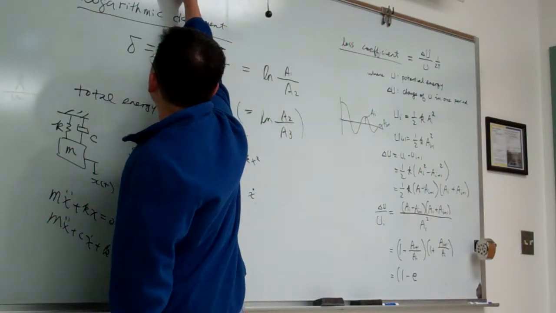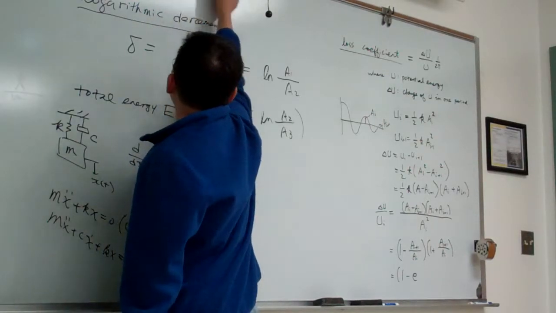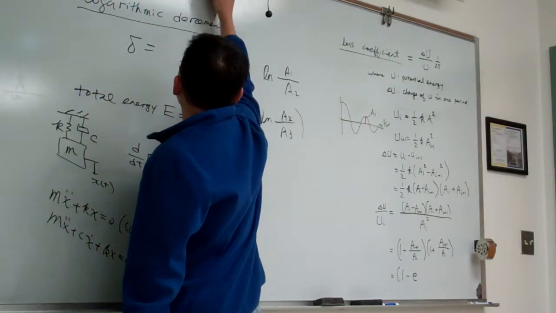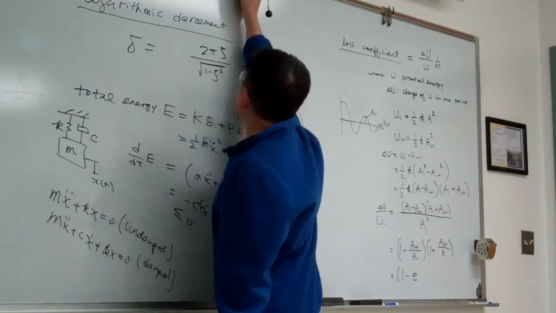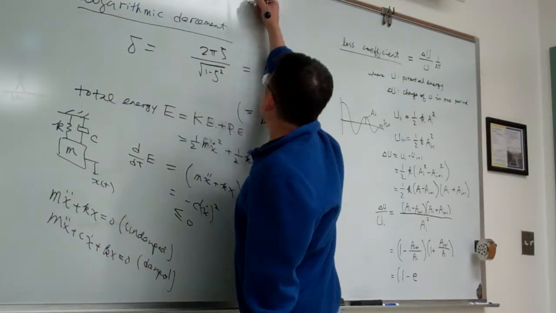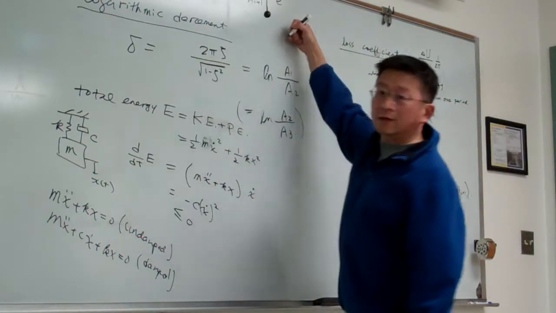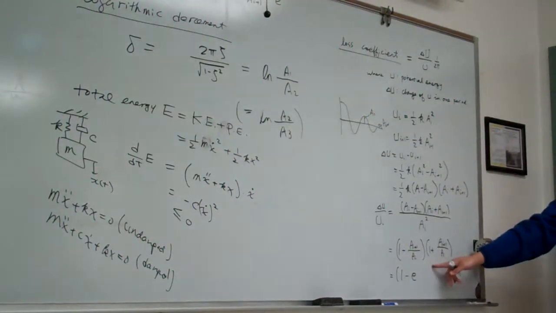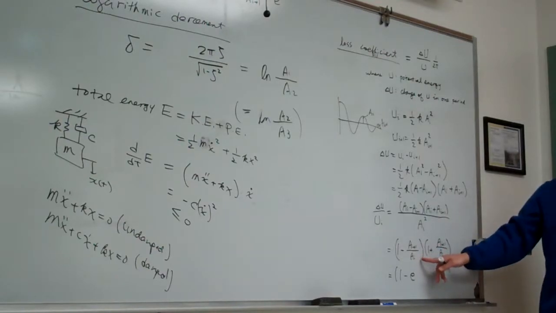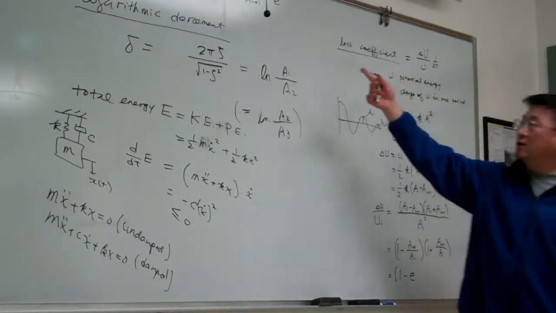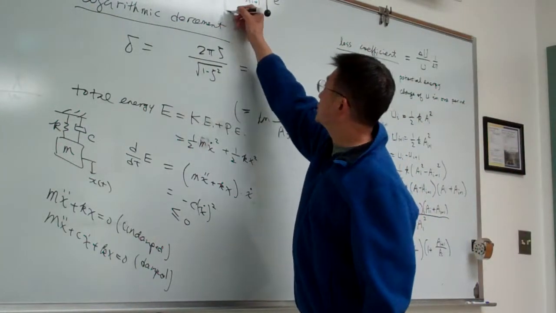Delta by definition is the log of A_i over A_{i+1}. Therefore we know A_i over A_{i+1} equals e to the delta. Okay, right now in our derivation we need the inverse.